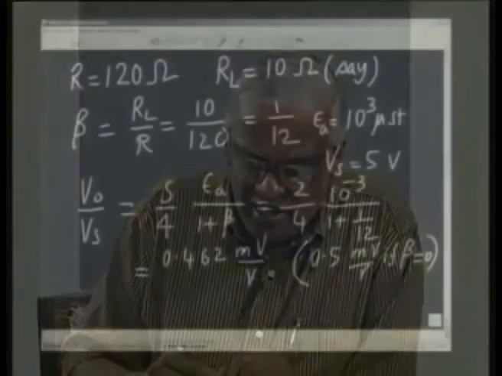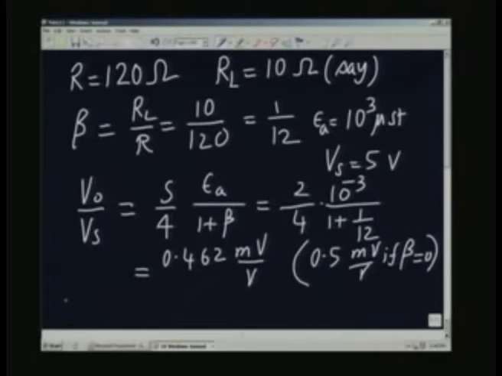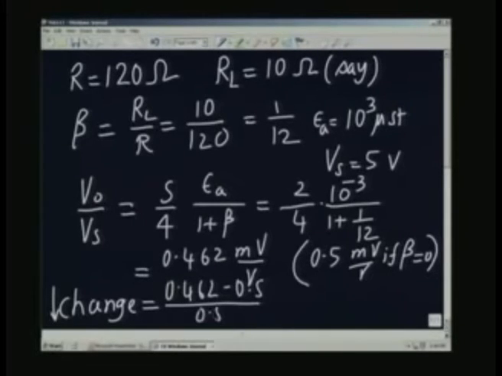So, the change in the output or change in the response in percentages will be nothing but, actually it is a decrease. So, we will indicate by an arrow going down, is 0.462 minus 0.5 divided by 0.5 into 100, and this is about minus 7.6%.